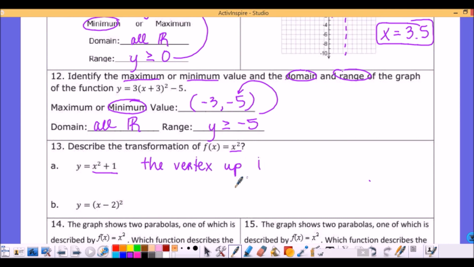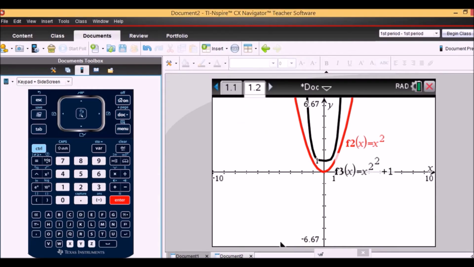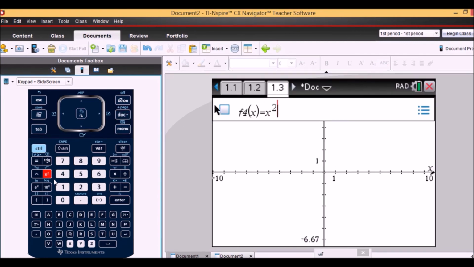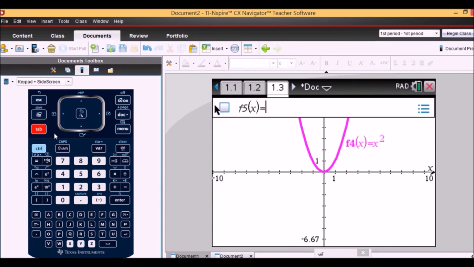All right, so let's talk about part B. Now I'm going to take my equation and put in my parent function, because that's where we always begin. This time I'm going to type in the second equation, and this time I do need parentheses. That's the important part.